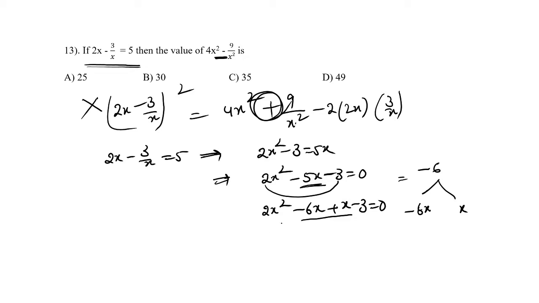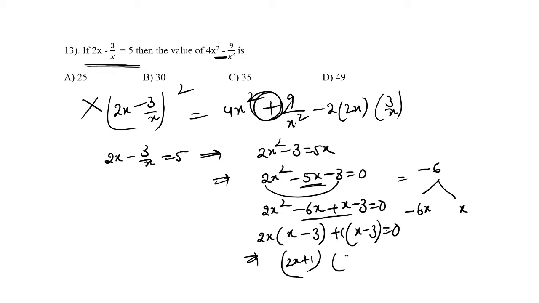Now the common factor is 2x: 2x into x minus 3, plus x minus 3 equal to 0. That implies 2x plus 1 and within brackets x minus 3 is common. Take x minus 3 common, and 2x plus 1 is equal to 0.